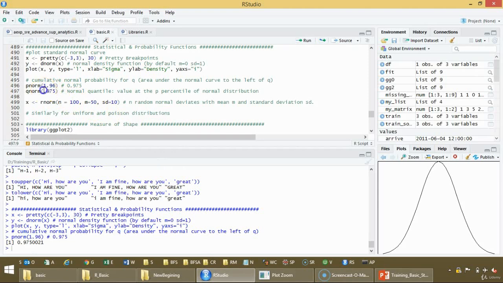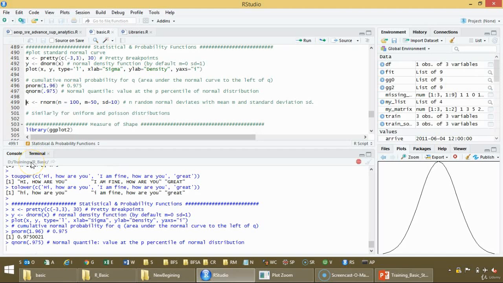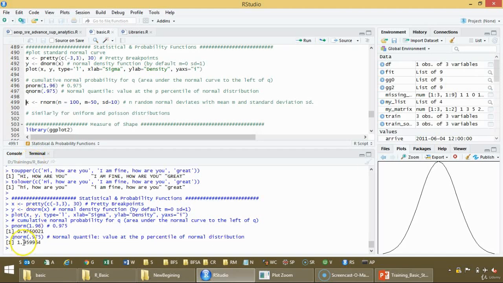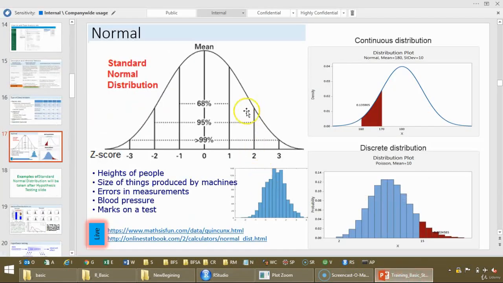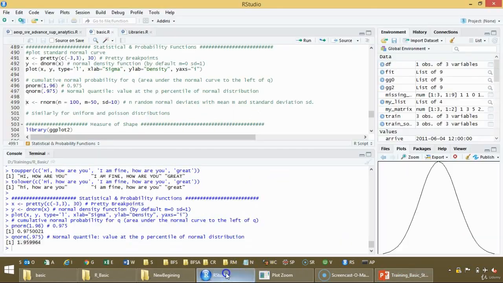If you have the area, it can give you the Z value for that. I'm running 497. See, it has given around 1.96, which will again be here for 97.5% of area.